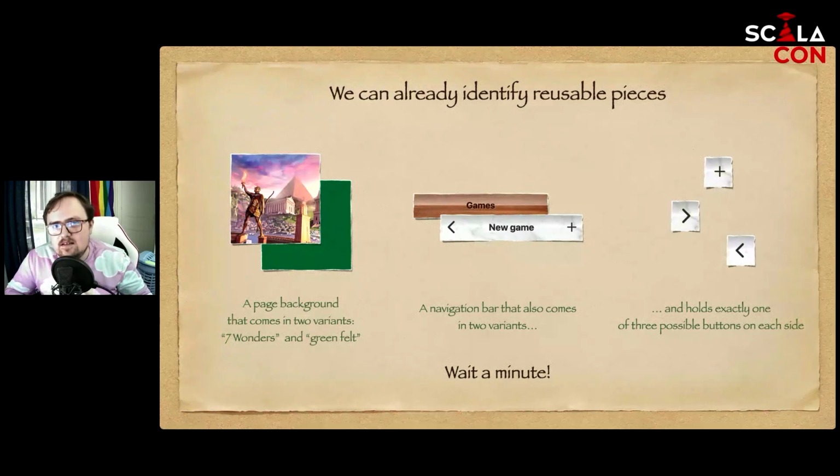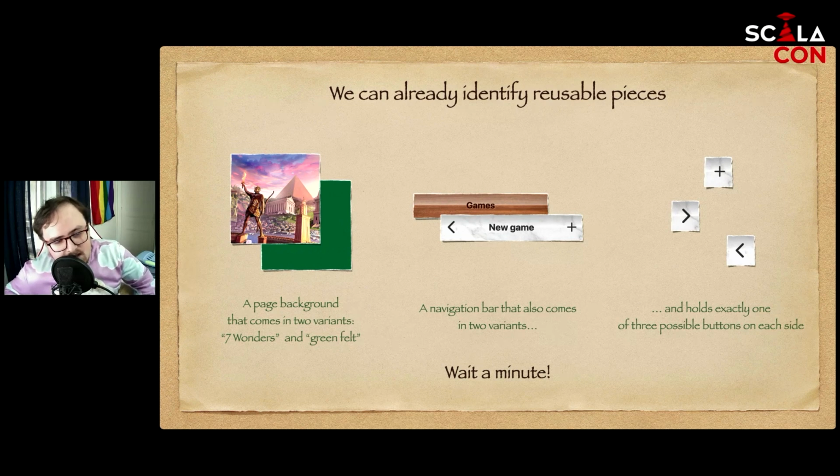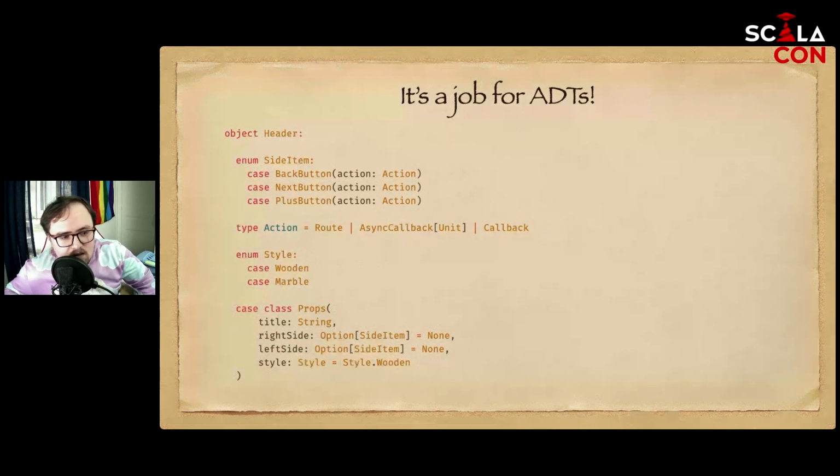And if you've seen Nicolas Rinaudo's talk back in May, then you know that this is a perfect use case for algebraic data types. So in this file, I'm using new features of Scala 3: the new ML-like syntax without the braces, which I really, really like, by the way, the new enum syntax for ADTs, and the new union types, which will make our components slightly more convenient to use, as we will see in a minute.